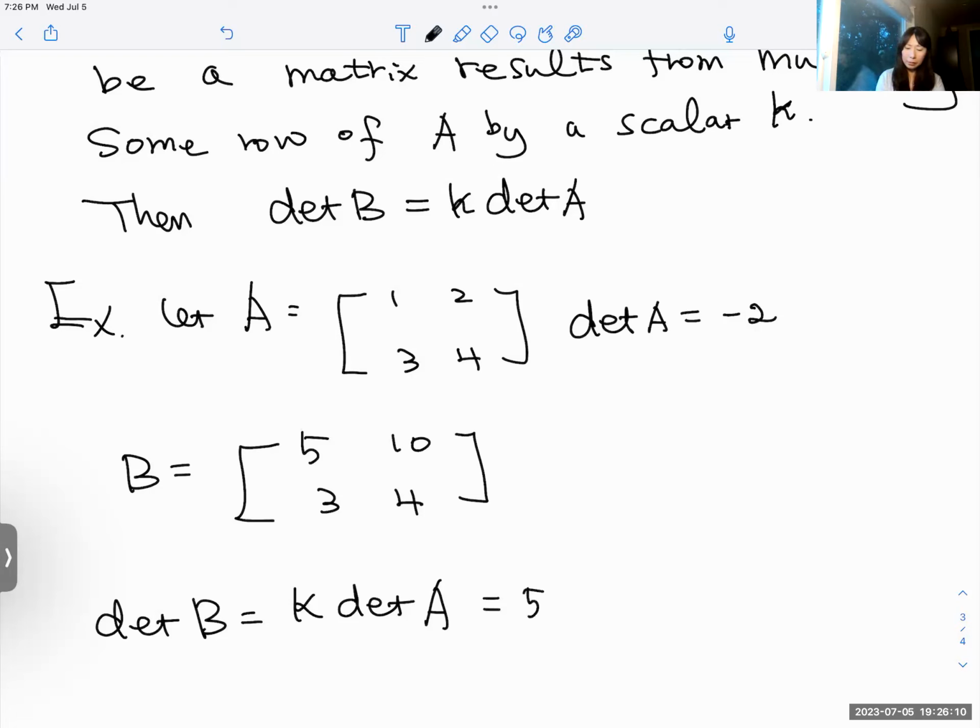So the determinant of A, which is negative 2, times 5 is negative 10, right? You guys okay? All right, very good.